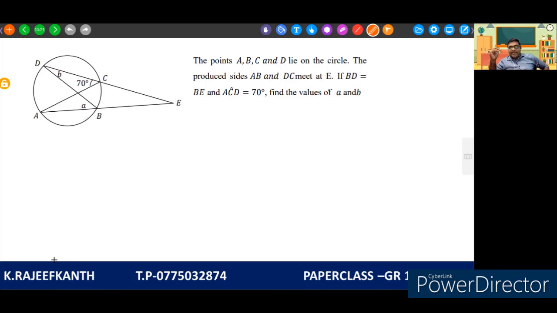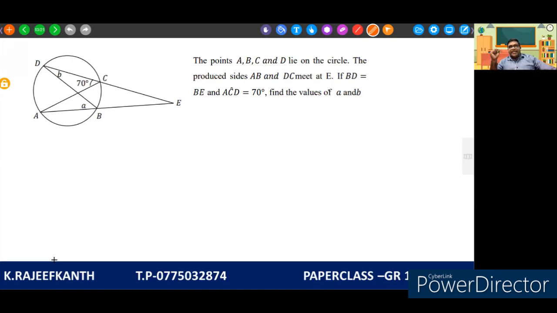Then here there are angles in the same segment, because BC is an arc, AB also an arc, CD also an arc, and AD also an arc. So the angles subtended by arcs at the circumference of the circle are equal. So angles in the same segment are equal. So we can use that one also.